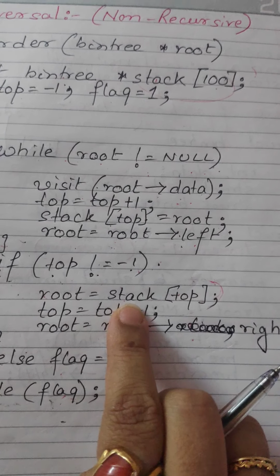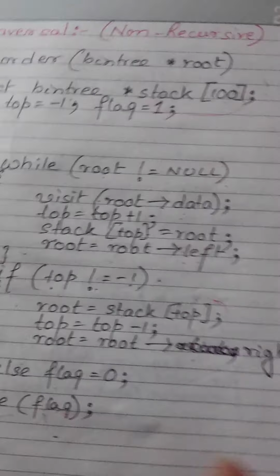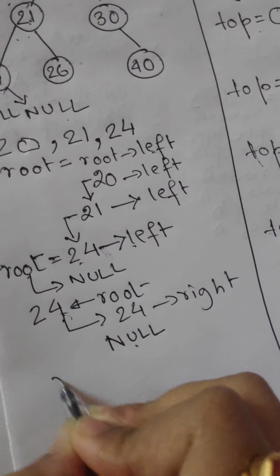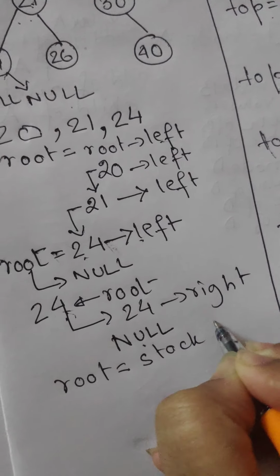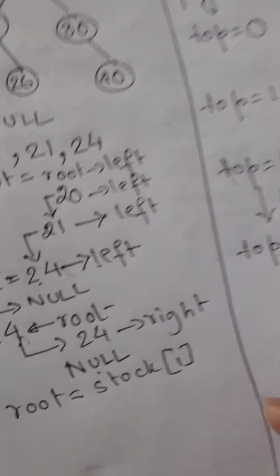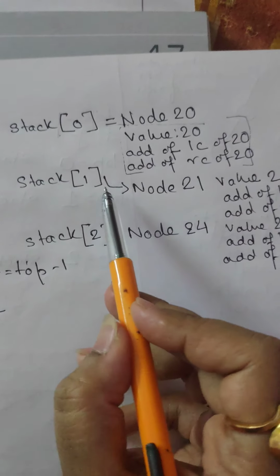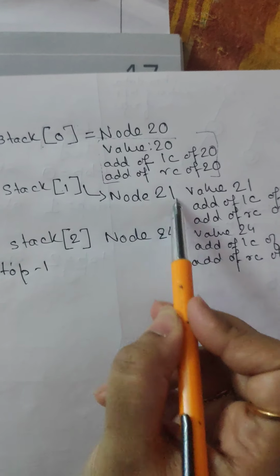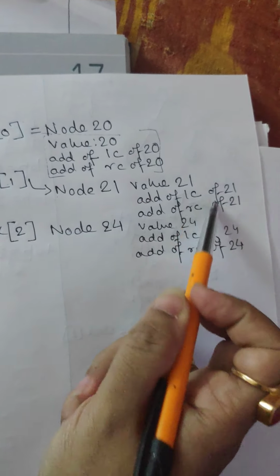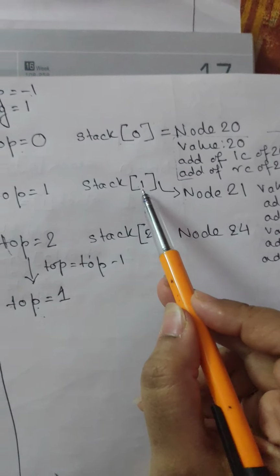Root is equals to stack top. Now when you say root is equals to stack top, that means root is equals to stack 1. Now what is there in stack 1? In stack 1 currently we have stored the node 21. Means all these information about 21 is at stack 1.